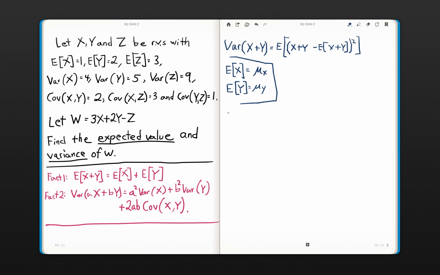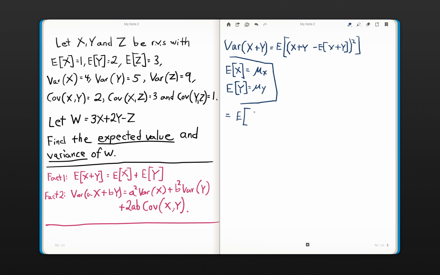Now, with this new definition of the expectations of x and y, we can rewrite this as follows. The expected value of, now I'm just going to go ahead and use fact 1 and pass through the expectation operator here and do some rearranging using algebra, employing our new notation.